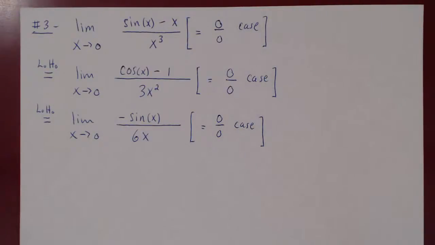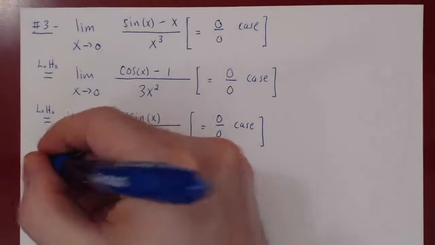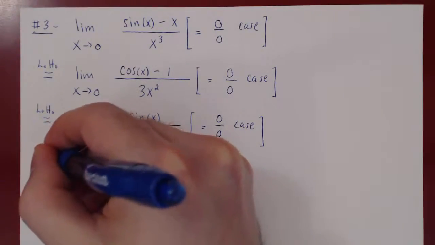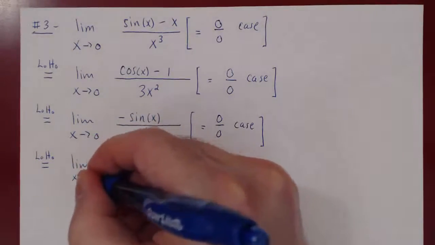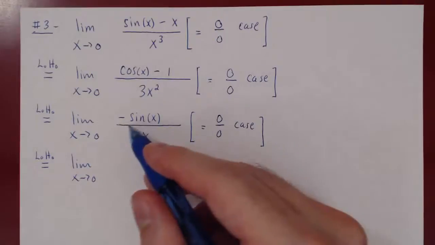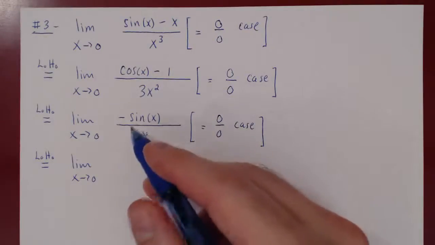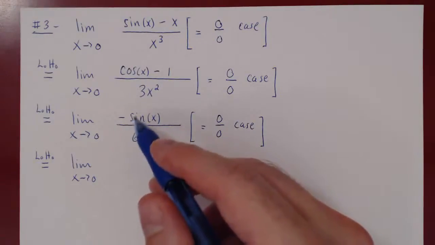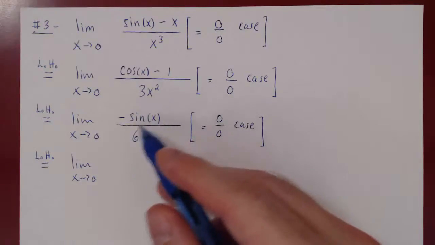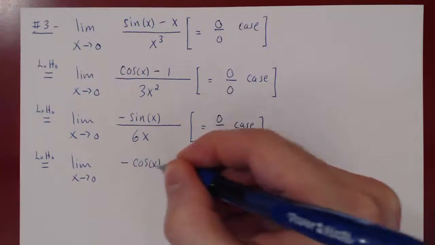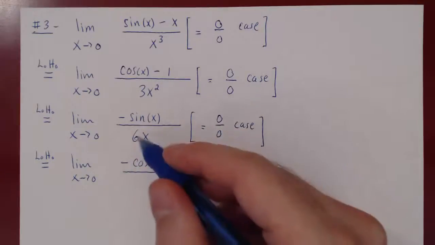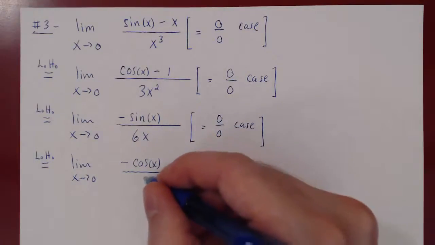What can we do but apply L'Hopital's rule one more time? x still is approaching 0. The derivative of sine is cosine of x, so we'll get negative cosine of x, over the derivative of 6x, which is 6.